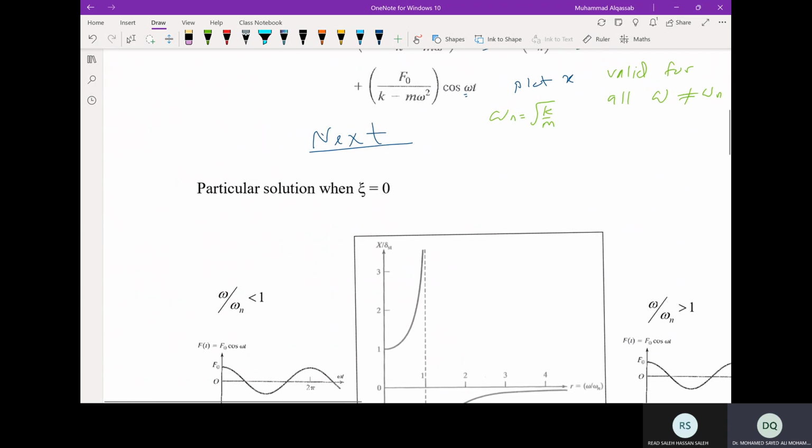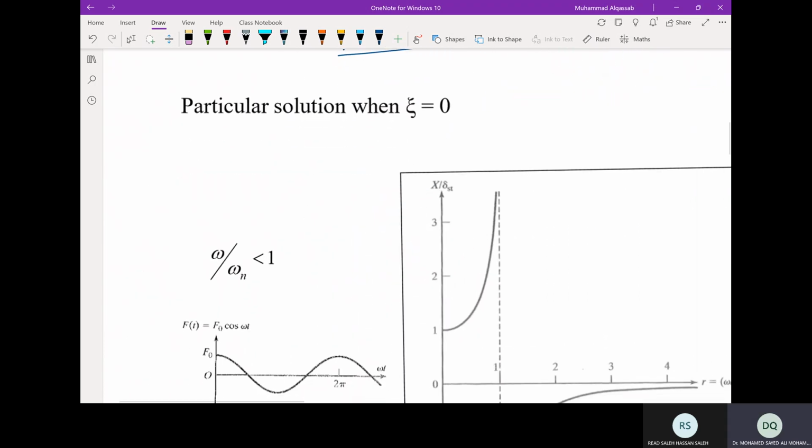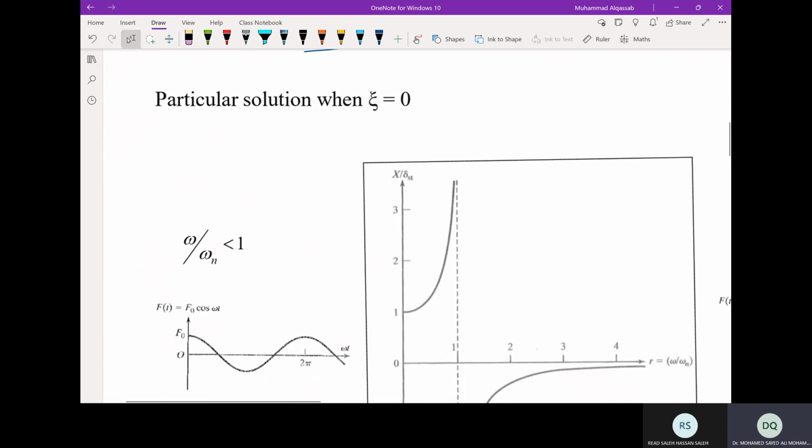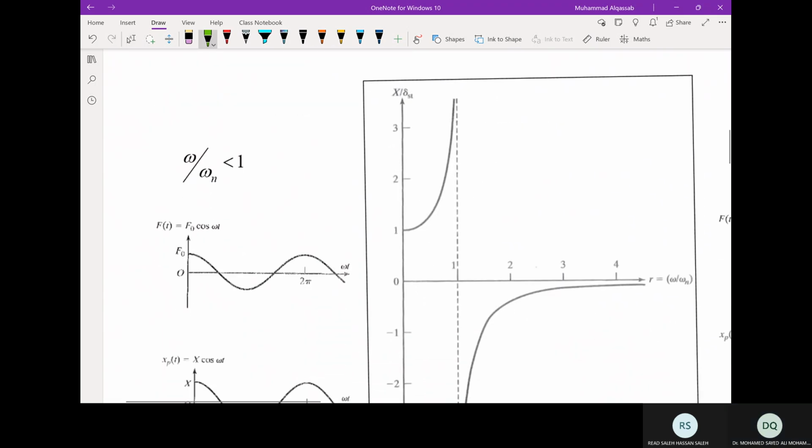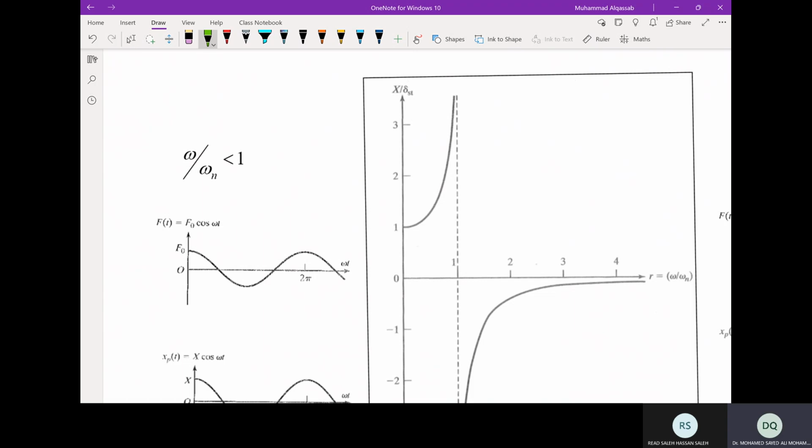The particular solution, we study it more. We will plot the amplitude X divided by f naught over k.